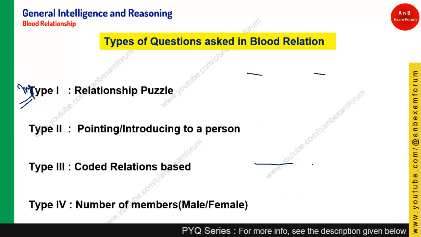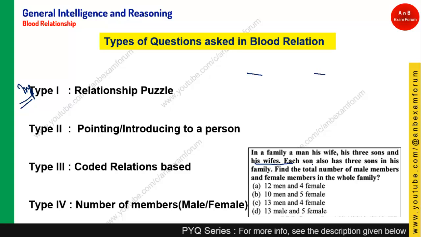The next one is the number of members. How many members are there in this relation, and how many males and females are there. These are also generally asked in exams nowadays. Like in this question, they were asking the total number of men and women in this particular relation question.